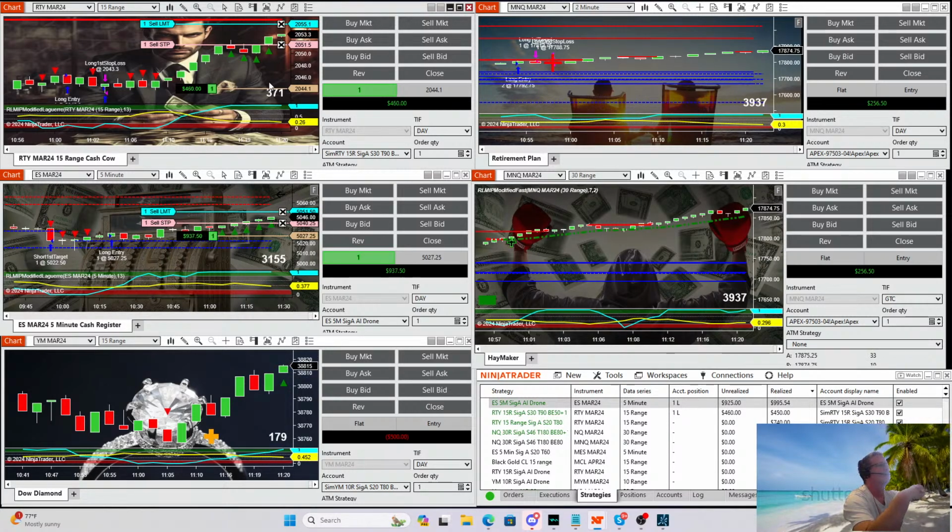We'll put our profit target right under that area of resistance.